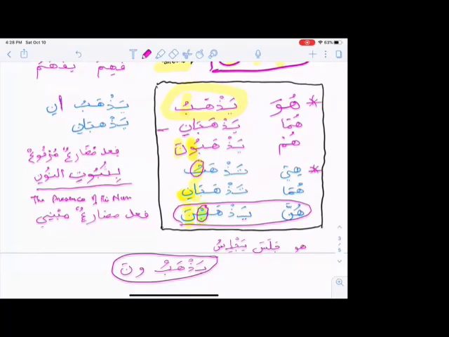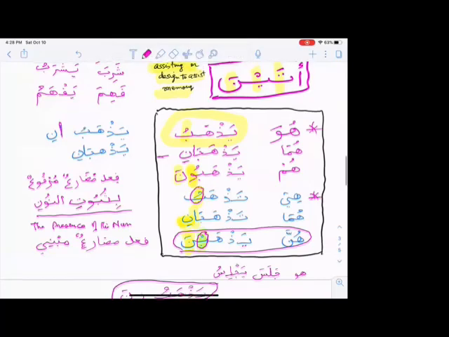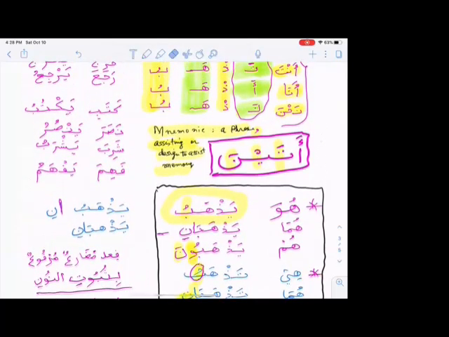So because jalasa yajlisu, zahaba yazhabu, maybe we should go fatha. Same pattern. Huwa yaftahu.